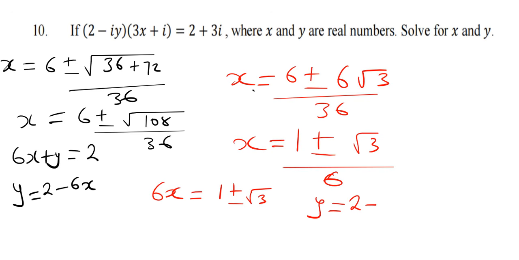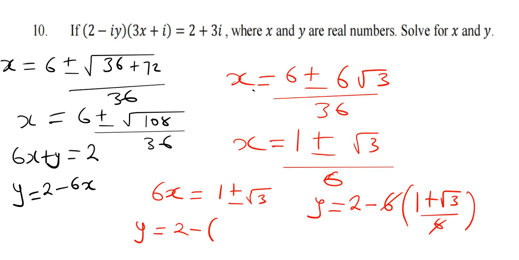y is equal to 2 minus, I'm going to start with the first one, 1 plus the square root of 3, then there's a 6 there. So the 6 and the 6 are going to divide. So I'm going to have y is equal to 2 minus 1 plus root 3.